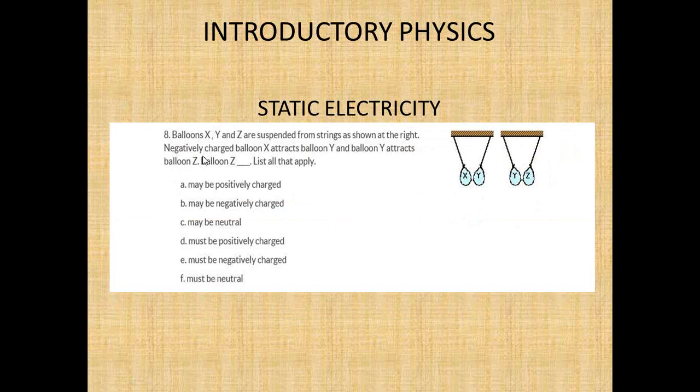All right, question 8. Balloons X, Y, and Z are suspended from the ceiling as shown. The negative charge on balloon X attracts balloon Y, and Y attracts balloon Z. What charge is Z?